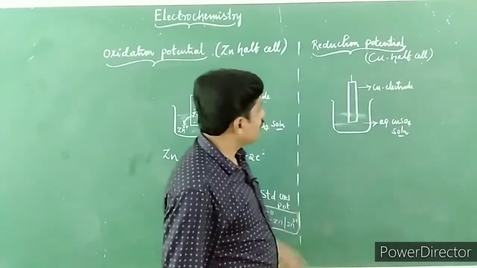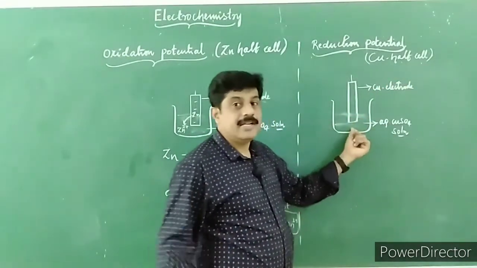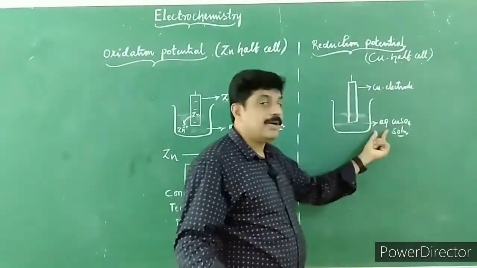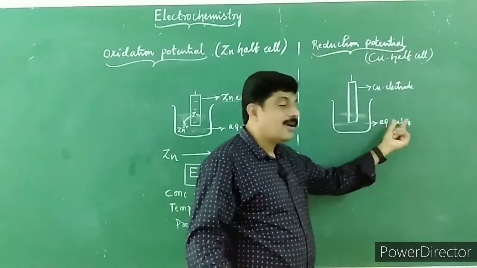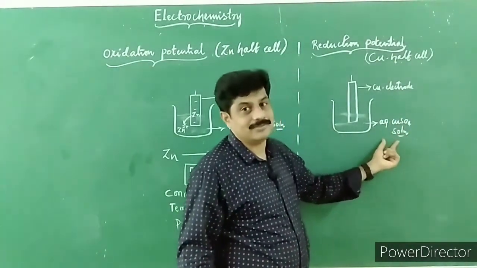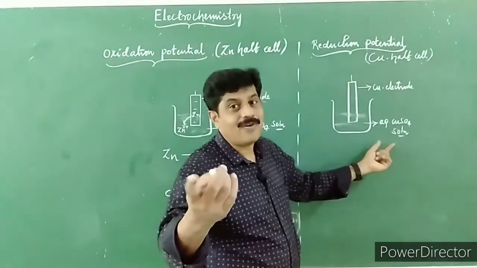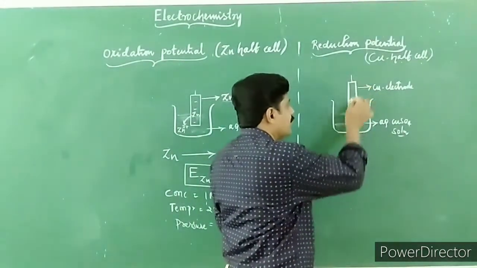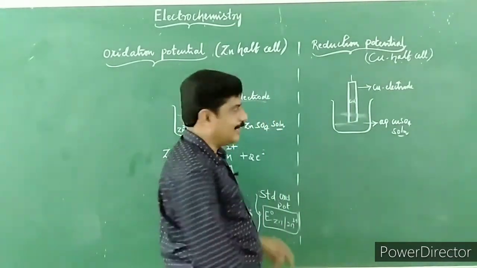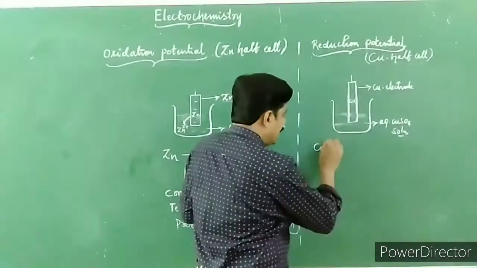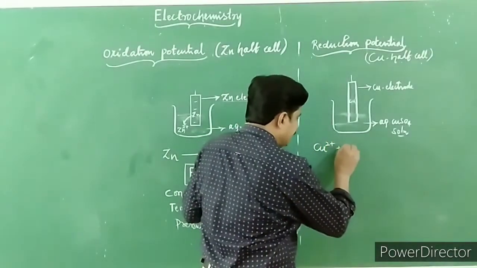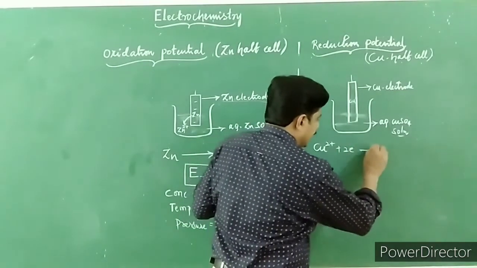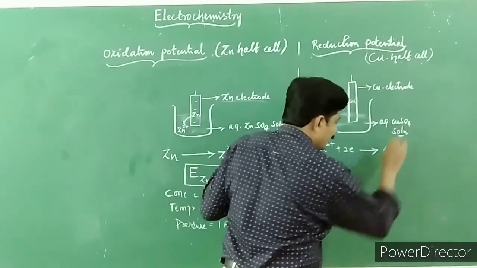In this, there are a number of reducible copper ions in the aqueous copper sulfate solution and a number of oxidizable copper atoms on the copper electrode. Look at here, copper ions take up 2 electrons and get reduced to Cu.